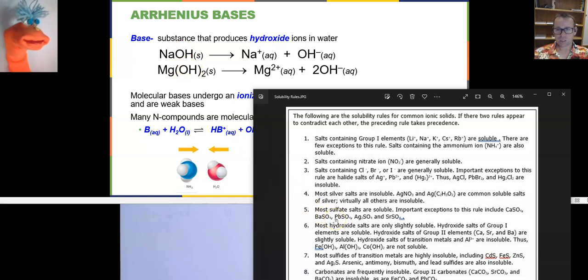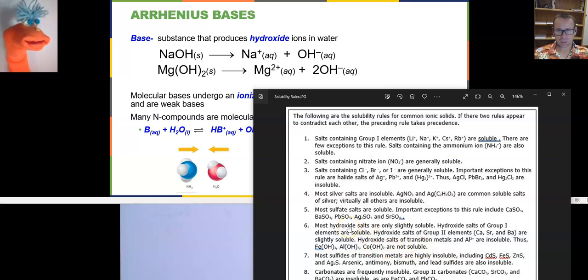Remember, a salt is just another name for an ionic compound in chemistry. It says most hydroxide salts are only slightly soluble. Hydroxide salts of group 1 elements are soluble. Hydroxide salts of group 2 elements are slightly soluble. However, hydroxide salts of transition metal elements and aluminum are insoluble. Thus, iron hydroxide, aluminum hydroxide, and cobalt hydroxide are not soluble.